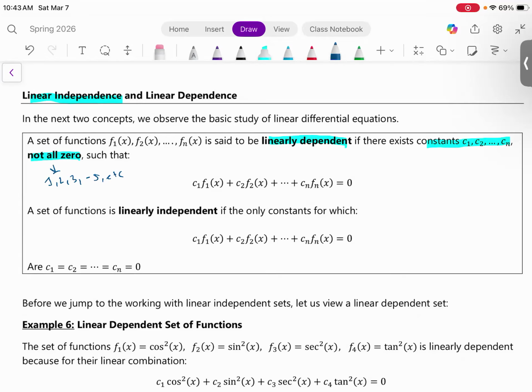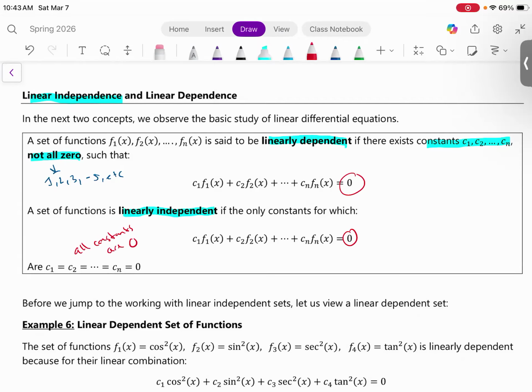So the constants are not zero, but if we add up all the functions as a linear combination, we get zero. The opposite is the case for linearly independent functions, where the only way we get zero from the linear combination is if all of our constants are zero.